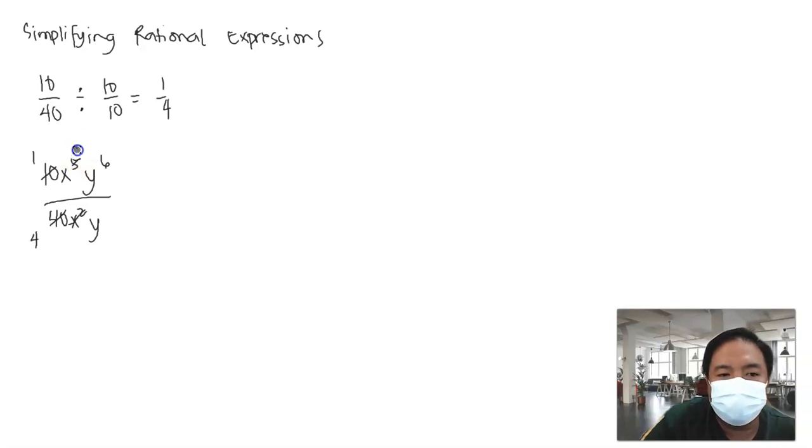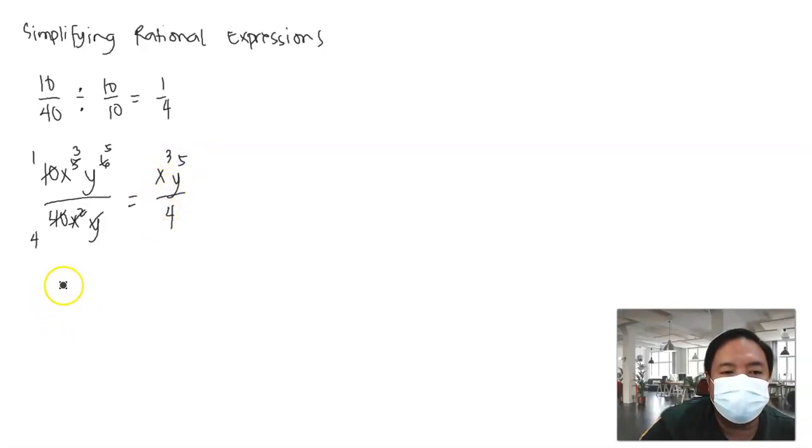So 5 minus 2 will give us 3. And the same goes with the y's. Since mas mababa to, it's the same as y raised to 1. So ibawas natin yung 1 by 6, magiging 5 na lang. Okay? So, your final answer, ano po yung mga naiwan sa atin? So that is 1, or simply, kahit di na natin muna siya isama kasi may naiwan pang iba. x cubed, y raised to 5, all over 4.